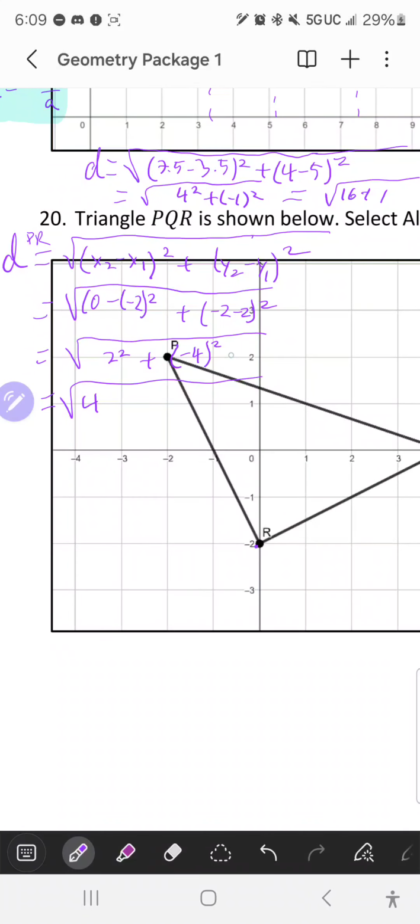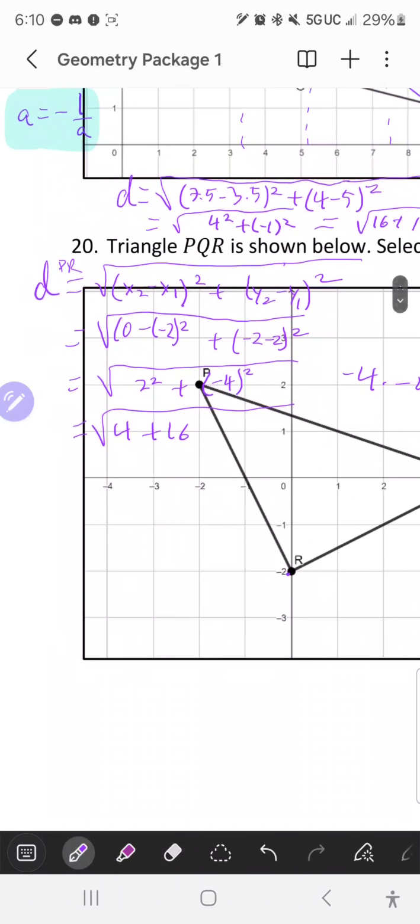Negative 4 squared is negative 4 times negative 4, and when we multiply two numbers that have the same sign, we keep it positive, so 4 times 4 is 16.